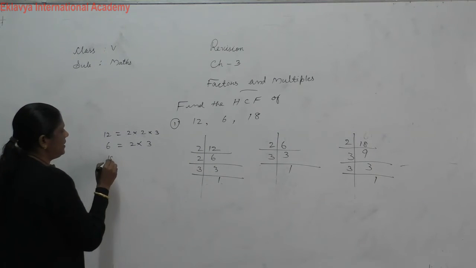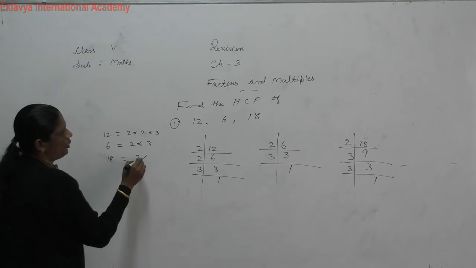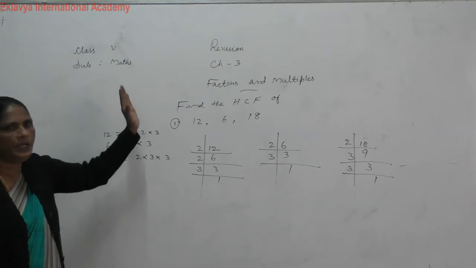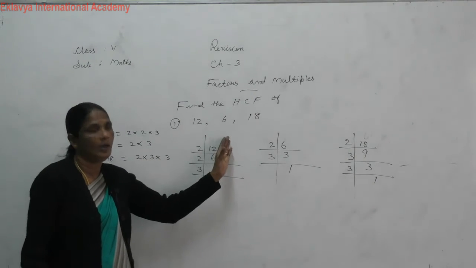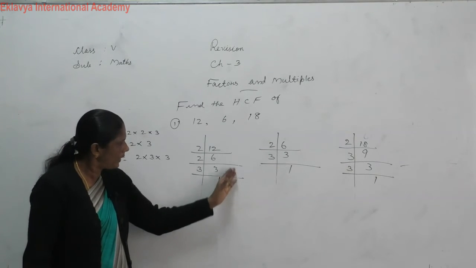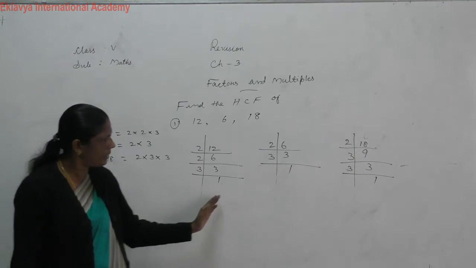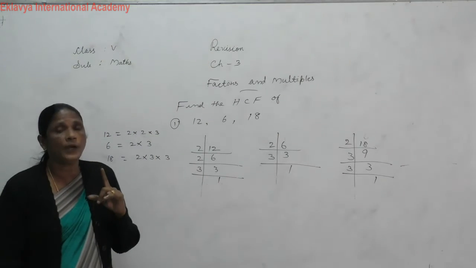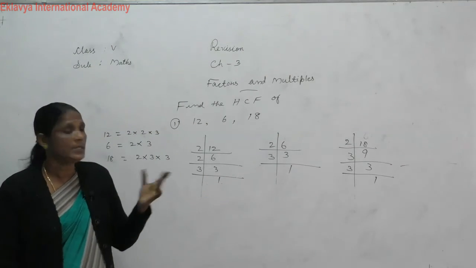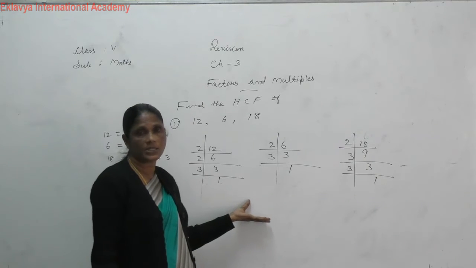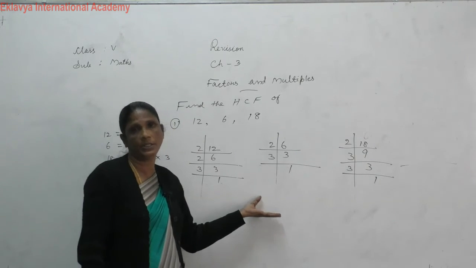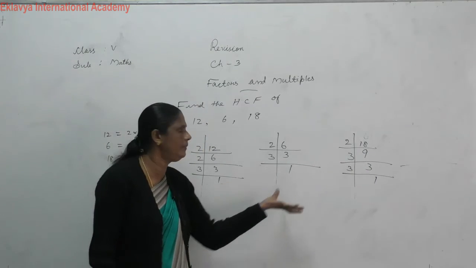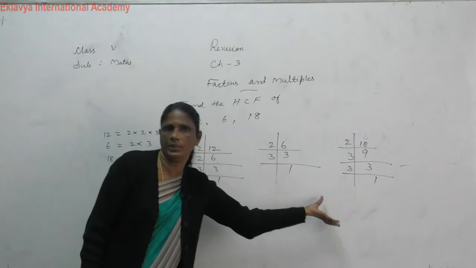Then 18 is equal to 2 into 3 into 3. We always find the HCF by the prime factorization method. Which method? Prime factorization method.